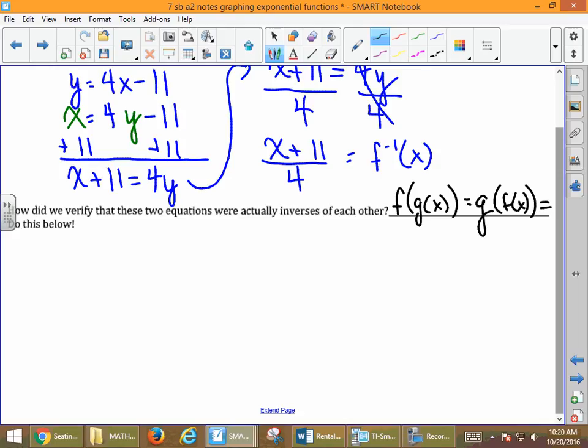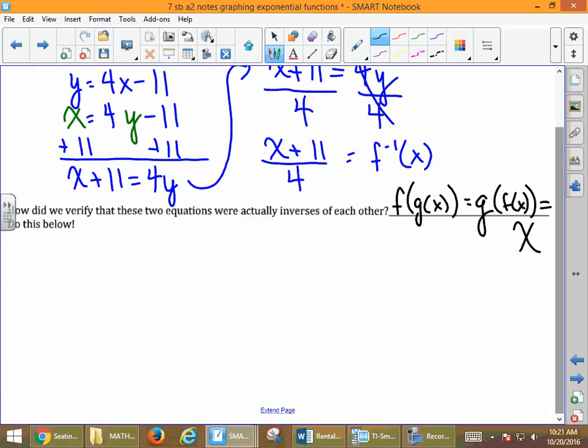And what do they have to equal when we figure out those values? Jordan? They have to equal x. I can't fit it on the line, but it has to equal x.